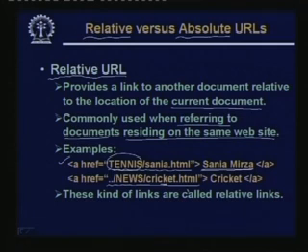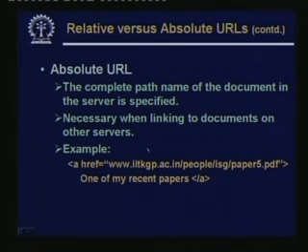These are examples of relative URLs because you are not specifying the whole path. The links you are specifying here are also called relative links because these are relative to the current document. Similarly, you can have absolute URLs.